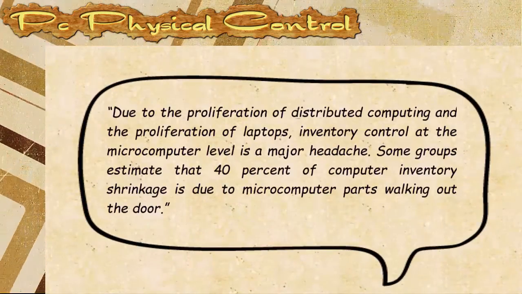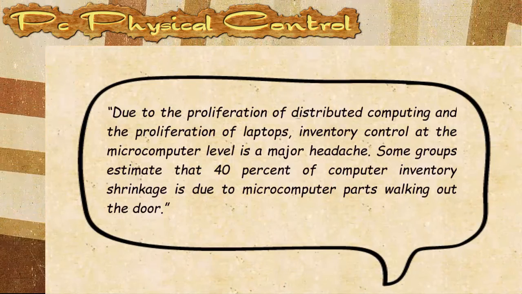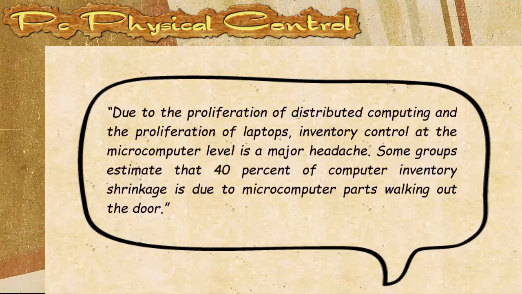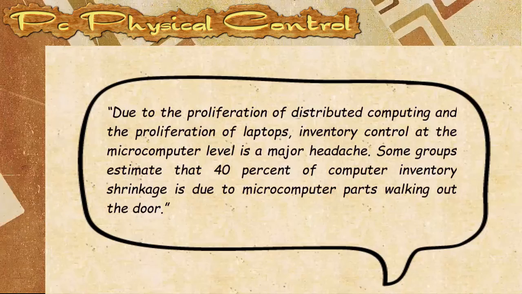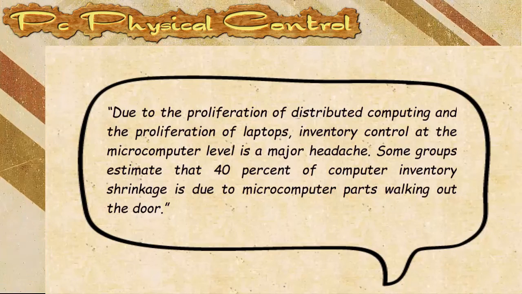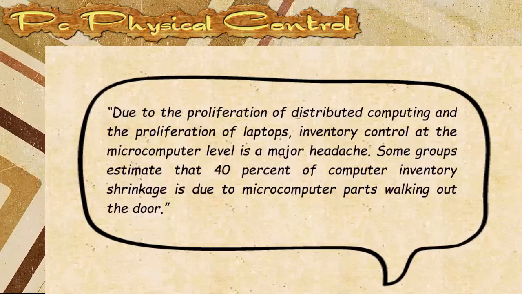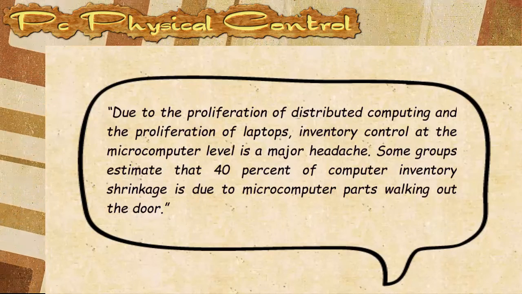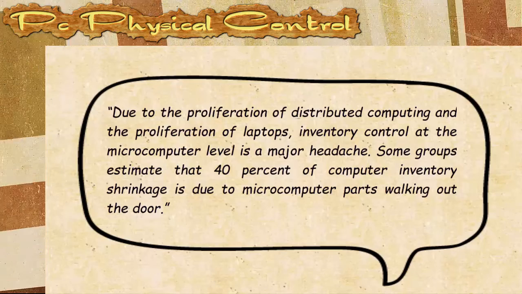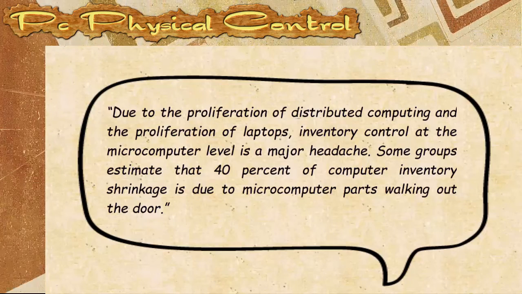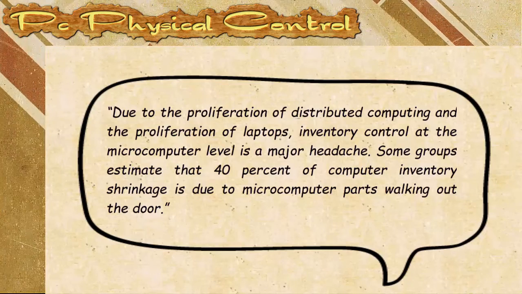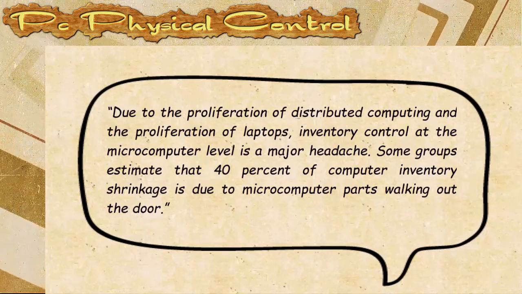The text continues to elaborate that due to the proliferation of distributed computing and the proliferation of laptops, inventory control at the microcomputer level is a major headache. Some groups estimate that 40% of computer inventory shrinkage is due to microcomputer parts walking out the door.